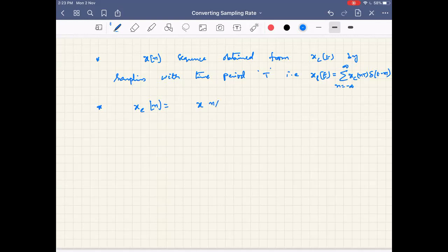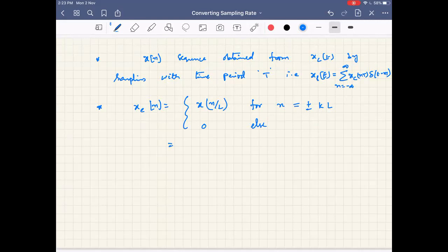It is x of n by L for n being integer multiples of L, and 0 else, by expanding it with L minus 1 zeros in between, taking the samples from the original signal and putting them L units apart, we have xe of n.